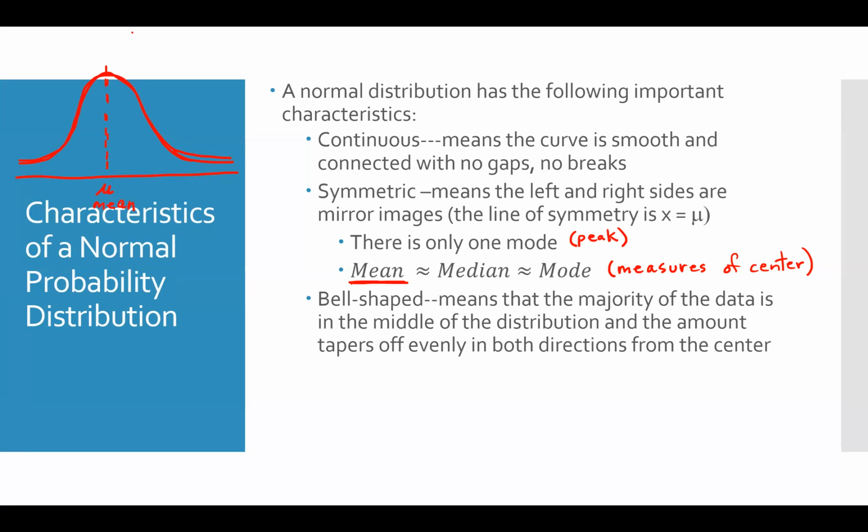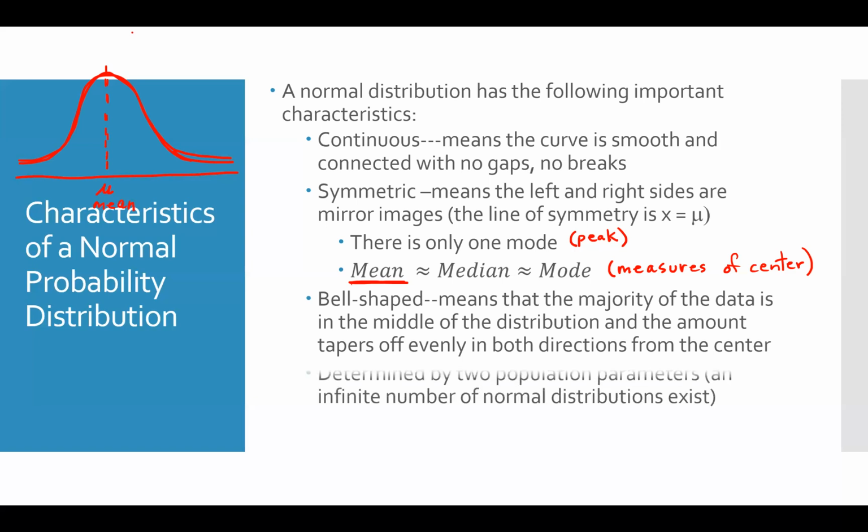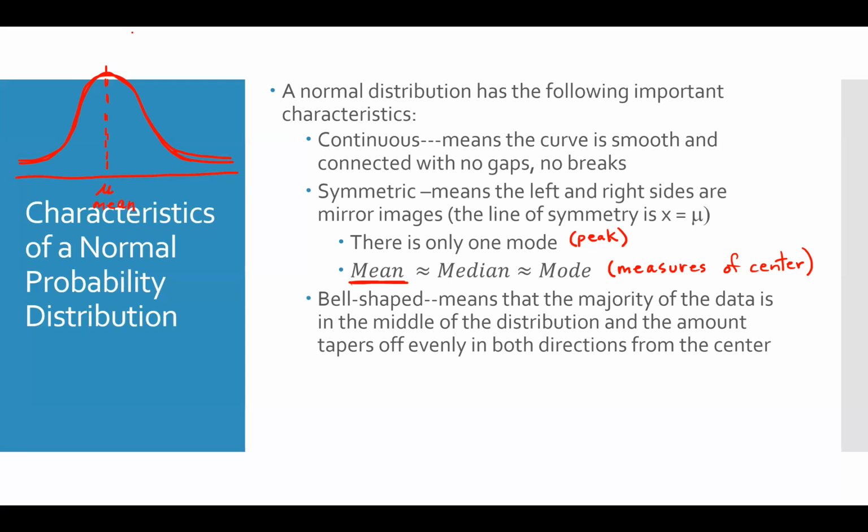Probably something you could relate to with the bell-shaped or normal distribution is the idea of grading on the curve. If you've ever heard a professor talk about grading on the curve, they're trying to get this nice bell shape, so that in the middle they have a high number of C's, or most of the folks earn C's.